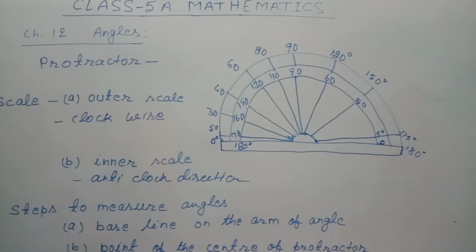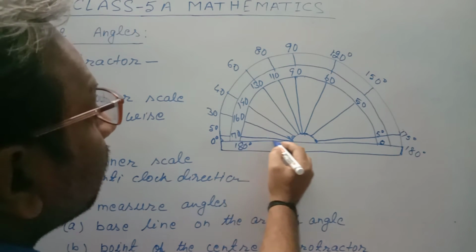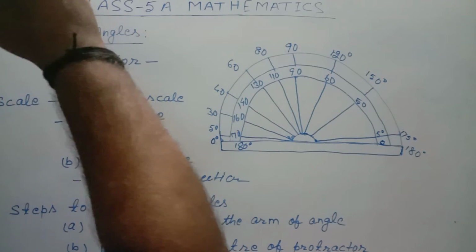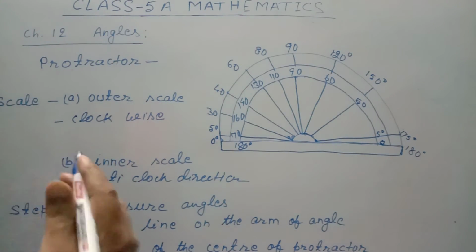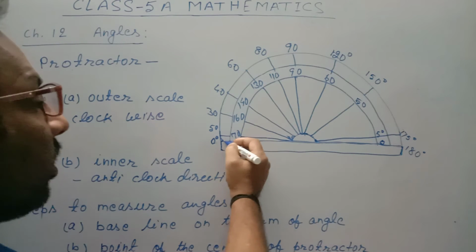Now, how will we measure angles? A few important steps I have written: A, B and C. First of all, keep the baseline on the arm of the angle. This is the baseline. There are two arms, and upon any one you can keep the baseline of the protractor.